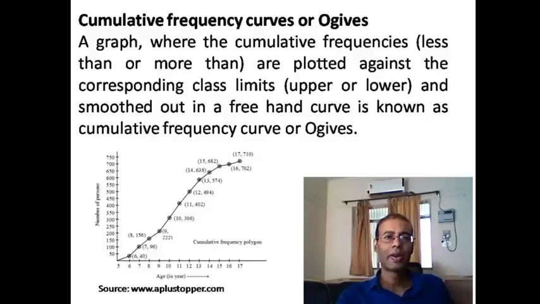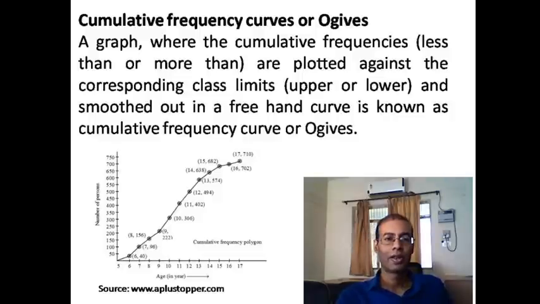There are two types of cumulative frequency, less than cumulative frequency and more than cumulative frequency. A graph where the less than or more than cumulative frequencies are plotted against the corresponding class limits and smoothed out in a freehand curve is known as cumulative frequency curve or ogives.